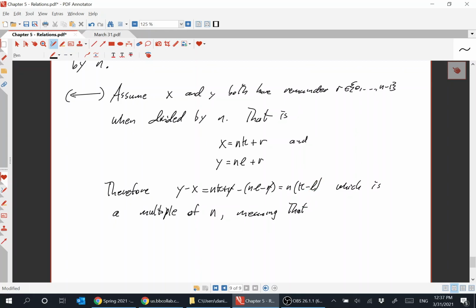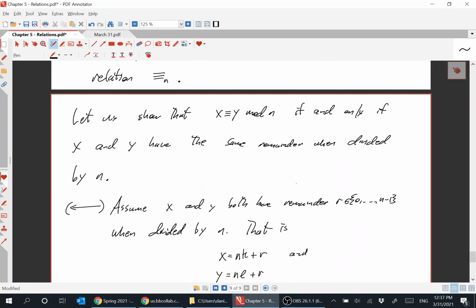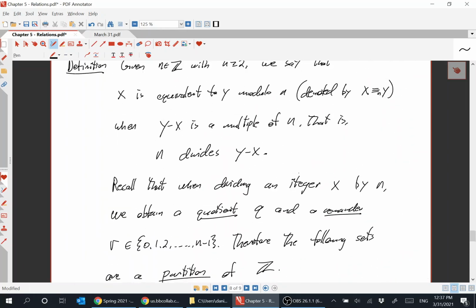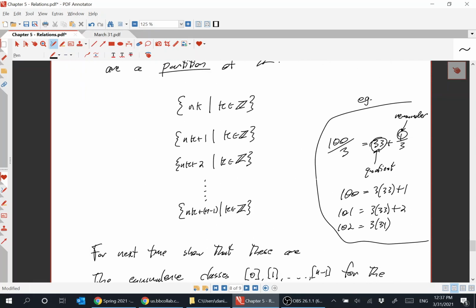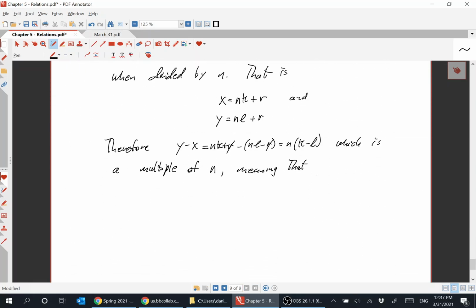That means what, as far as equivalence modulo n? What was the definition of equivalence modulo n? Y minus x is a multiple of n, or n divides y minus x, whichever direction you like to say it. So this means that x is equivalent modulo n to y.